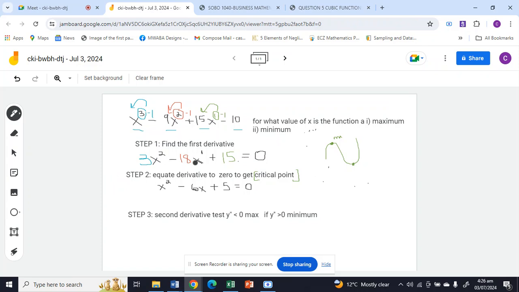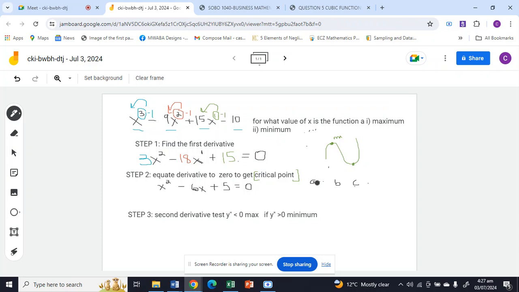We've just factored out 3 so that we can simplify the quadratic equation, and we can solve this quadratic equation by factorization. If you remember, the first thing you need to do is list your A, B, and your C. A is just the coefficient of x squared, the number in front of x squared.